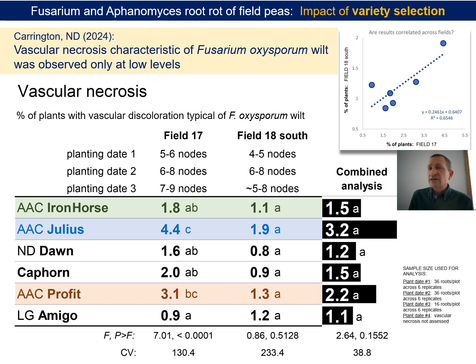And what we saw is that the incidence of the vascular necrosis characteristic of Fusarium oxysporum wilt was extremely low. And if anything, Julius was more susceptible than the other varieties. And thus, there's no way that Fusarium oxysporum wilt would explain the differences in agronomic performance that we observed.